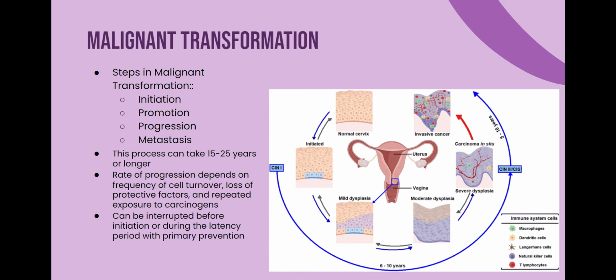It's a concept that's fairly important for you to know. The steps in malignant transformation: we start with a single mutational event that initiates the process. We now have an abnormal cell that is inclined to grow without inhibition. Then we promote that. We kind of fan the flames with repeated exposures to environmental agents.